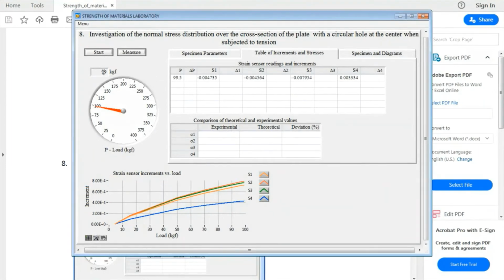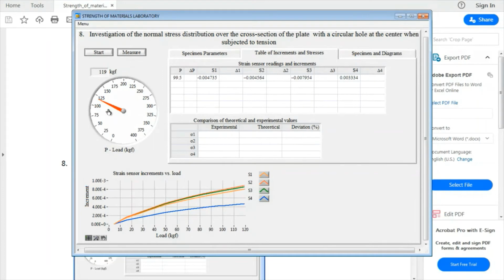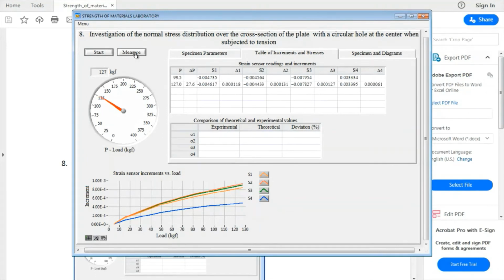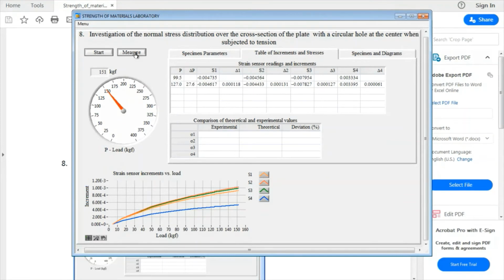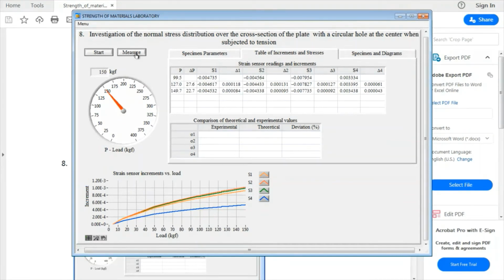If I come to the force, I will make it 125, yes, and then click measure. Another reading, 150, and then click measure.